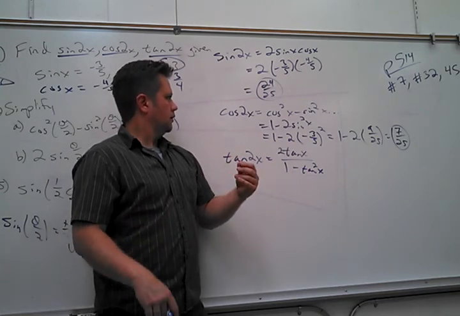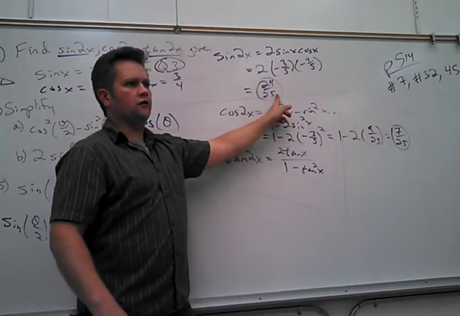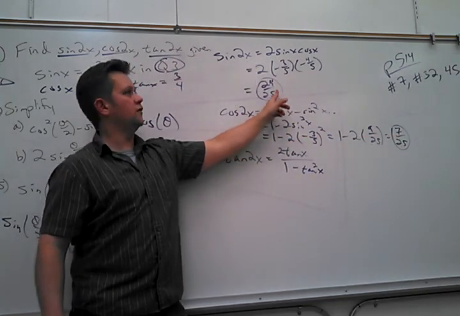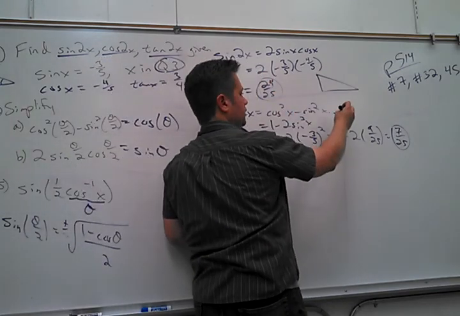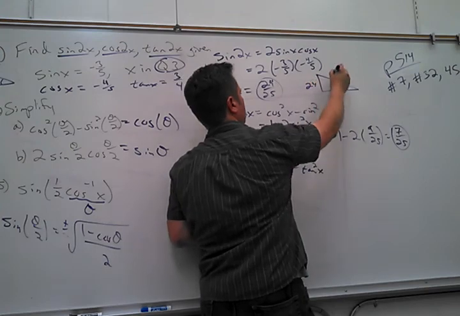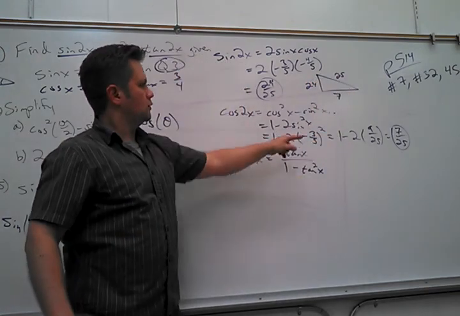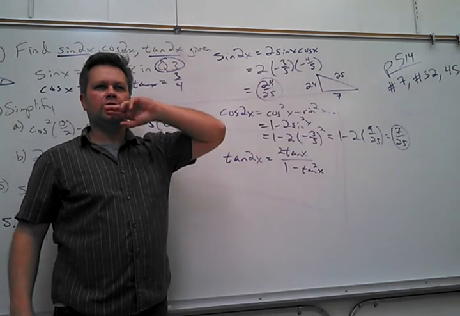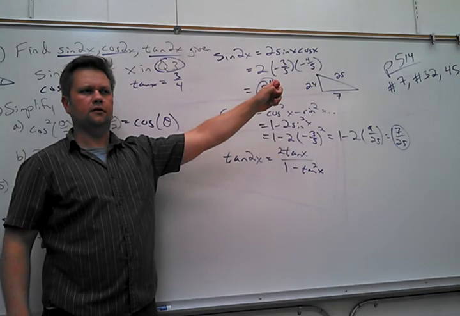Maybe. And you can also see the 7, 24, 25 triangle coming out of here. If sine of 2x is 24/25ths, I could actually set up a little triangle right there. 24/25ths. This would have to be 7. So that's why cosine is 7/25ths. And now tangent's easy. It's 24 over 7.